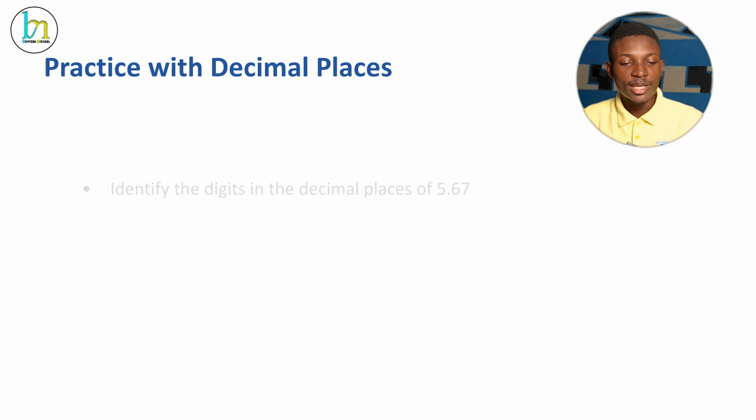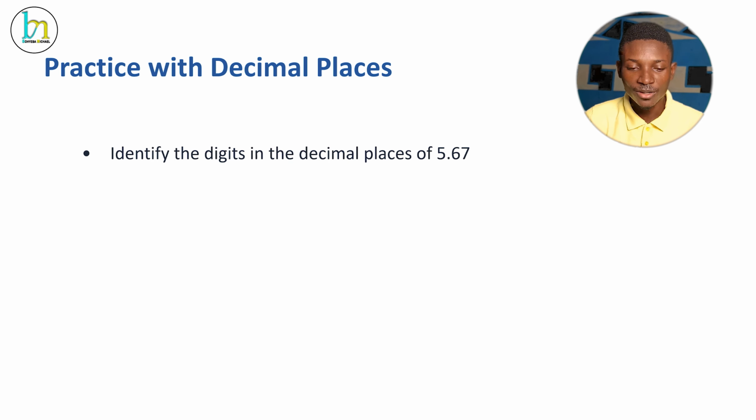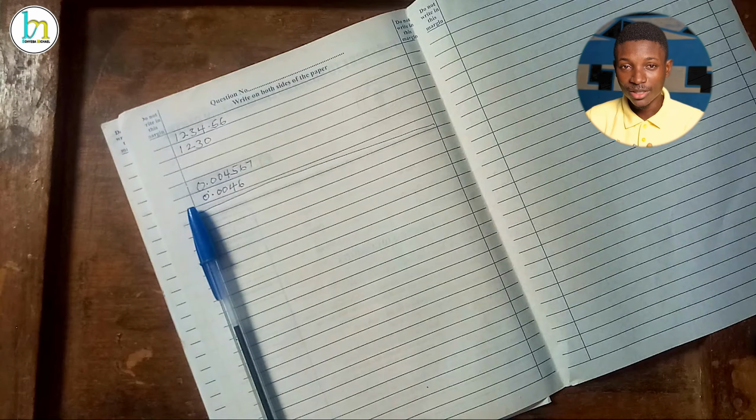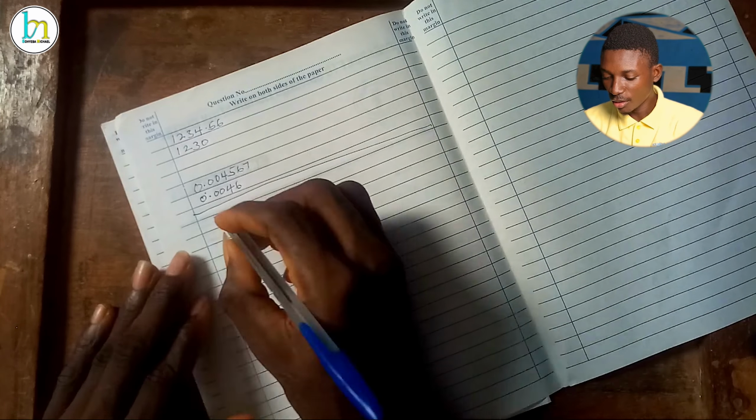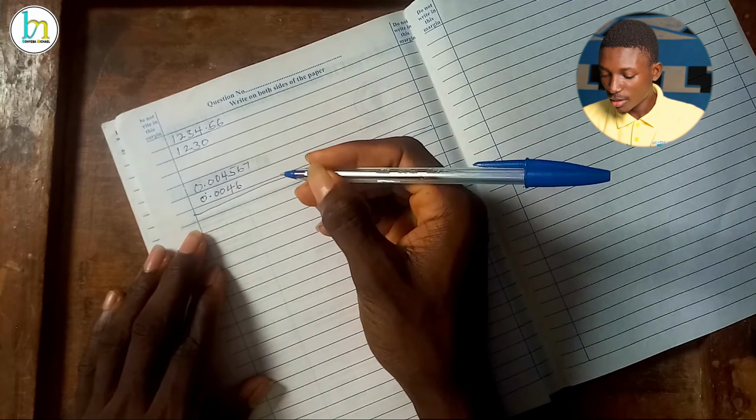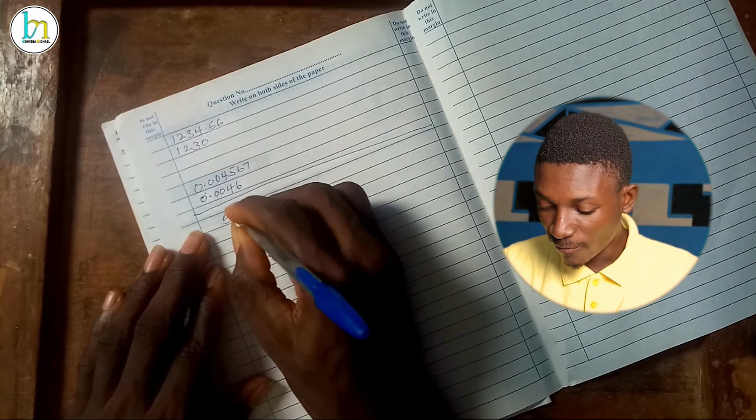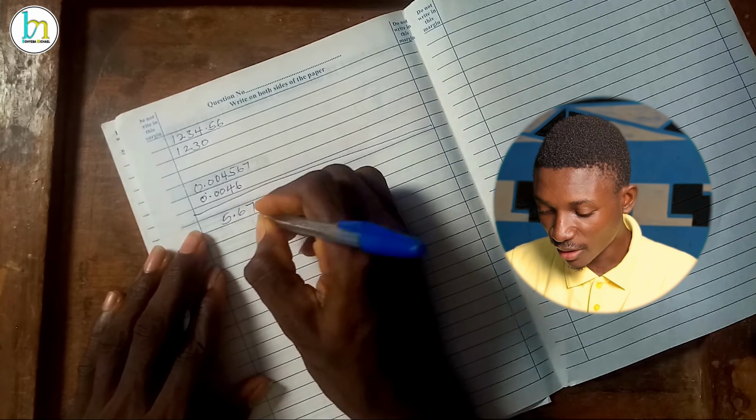Now let's practice something here. It says identify the digits in the decimal places of 5.67. So we have 6 and 7 as our decimal place digits.